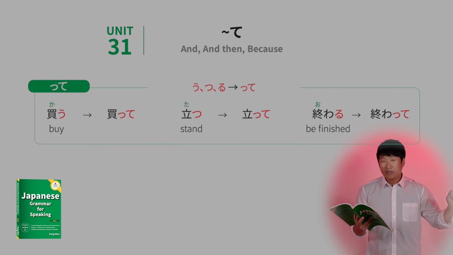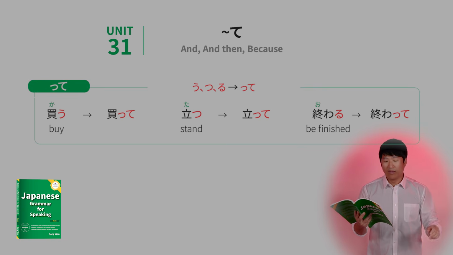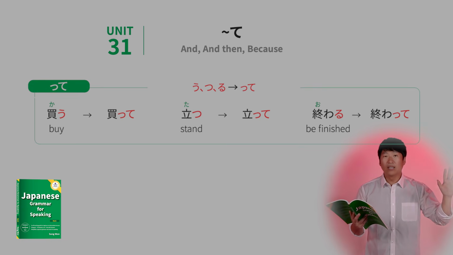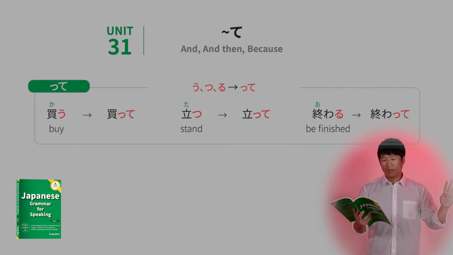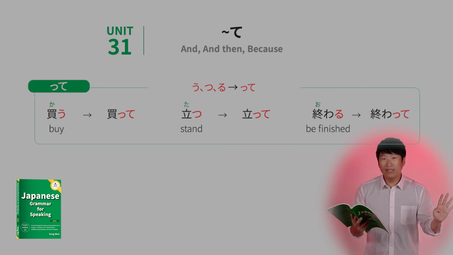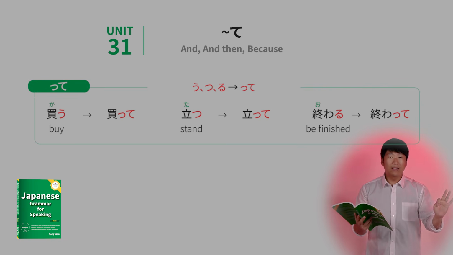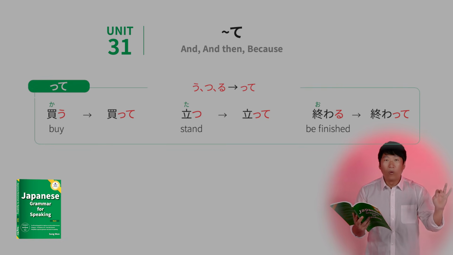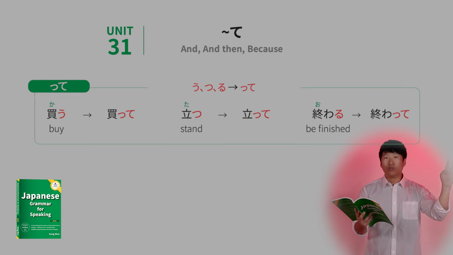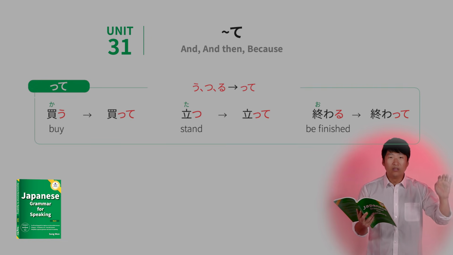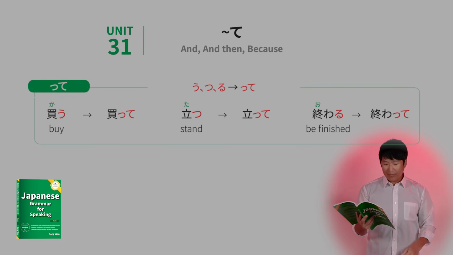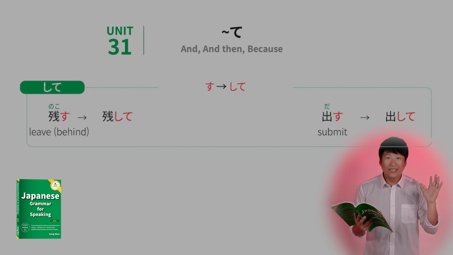Tsu, ru, u words become tte. Utsu becomes utte. Kau, buy. Kau becomes katte. Tatsu becomes tatte. Waru becomes watte. Just like that. Tsu, ru, u words, okay? Utte, remember that. Next one, words ending with su.